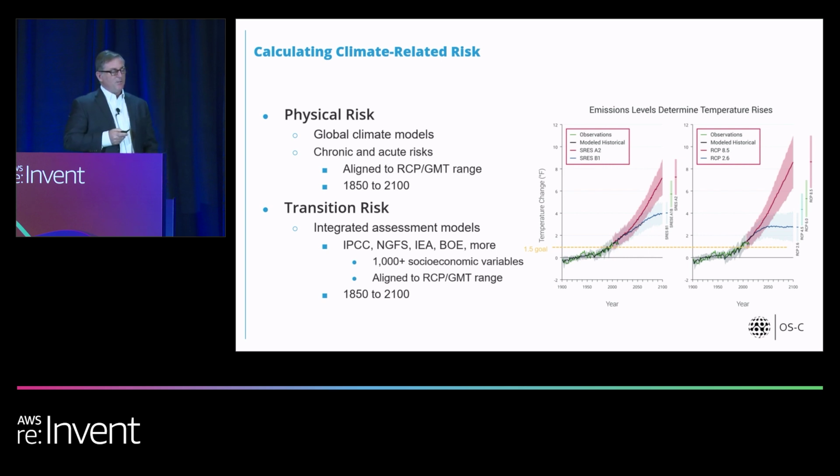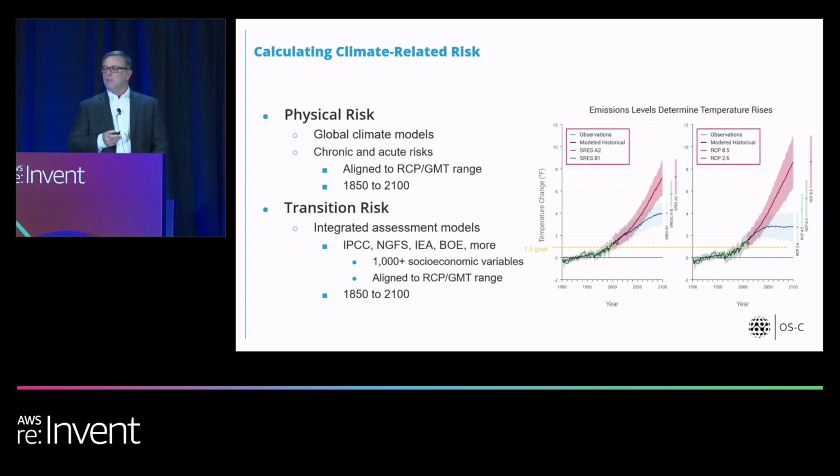So what happens is there's a global community also of economists that have built these integrated assessment models, or IAMs. And they actually are socioeconomic pathways that look at what the world will look like in a 2 degree world, a 3 degree world, a 4 degree world. And they provide these pathways.